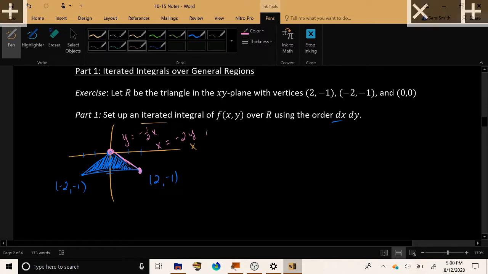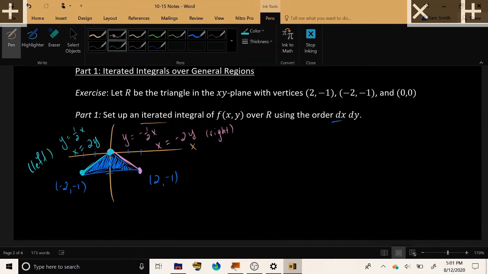So this is the function that bounds our region on the right side. And on the left side, we have the line going from -2, -1 to the point 0, 0. And so this would be the line with slope +1/2, aka x equals 2y, which bounds this region on the left.